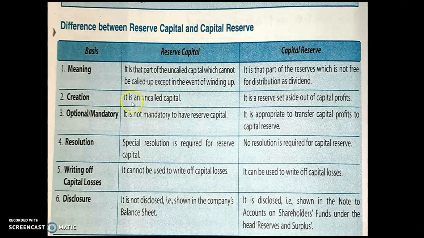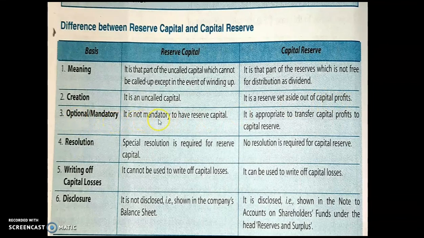Creation. How is reserve capital formed? It is created from uncalled capital. And what is capital reserve? It is created out of capital profit. That is, when you sell a fixed asset and you get some profit, that is a capital profit. Then, is it optional or compulsory?